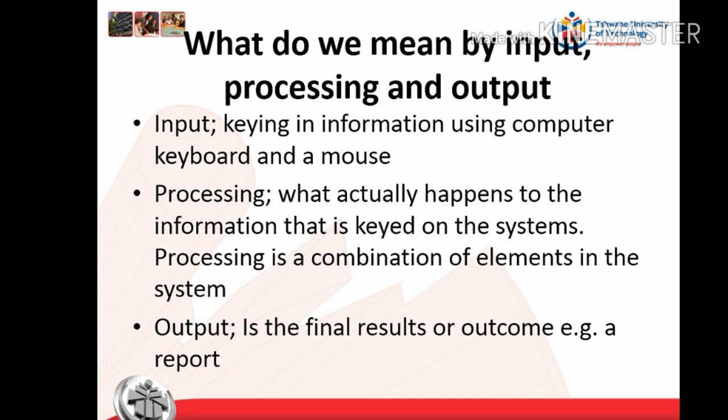It processes the paper, then it makes the same identity of the paper 50 times. Then from there you get 50 copies. When it processes, that's processing. After you get the 50 copies, that will be the end result. That's why we say that output is normally the final results or the outcome.